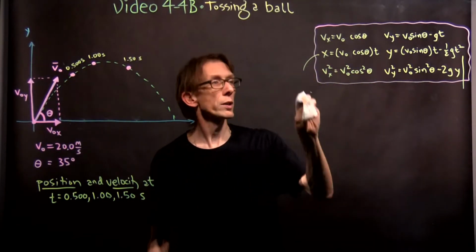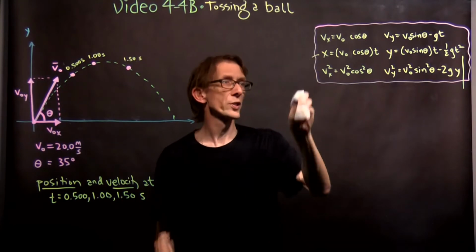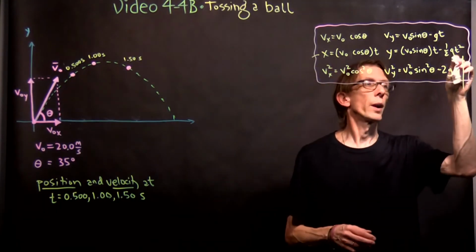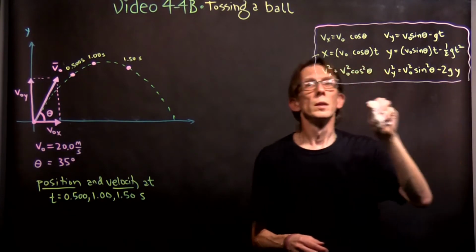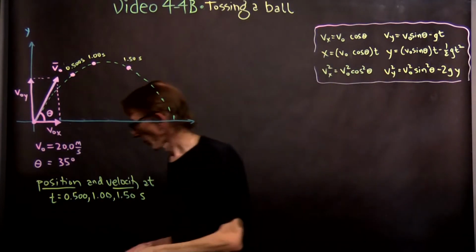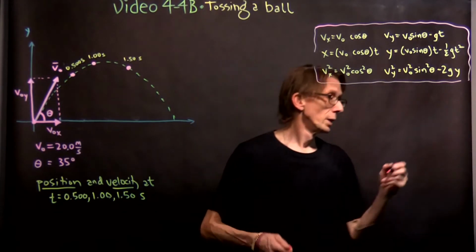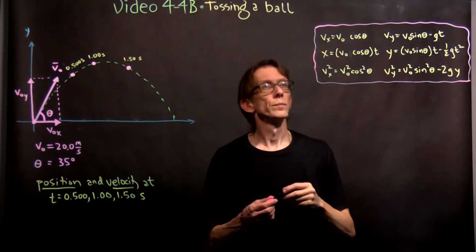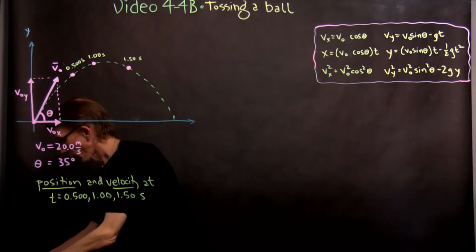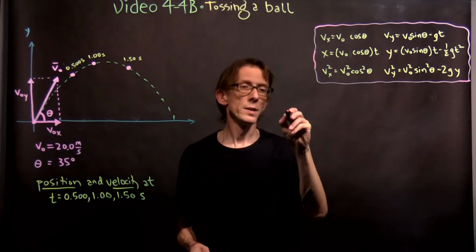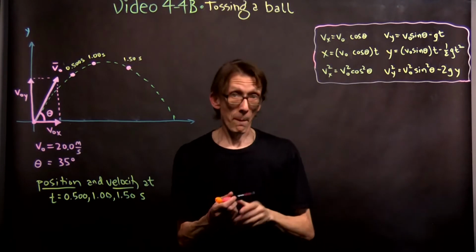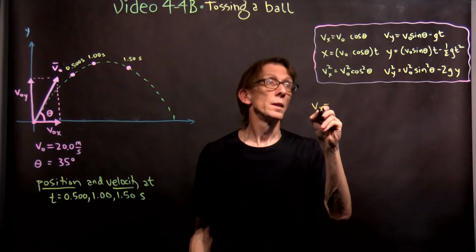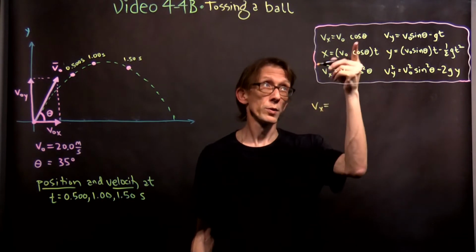That's right, I heard it. I heard it coming through. You all said in unison equation 1, and that's correct. So we're going to look at equation 1 and use it to determine the velocities. So at t equals half a second, Vx is going to be V naught times cosine theta, right?